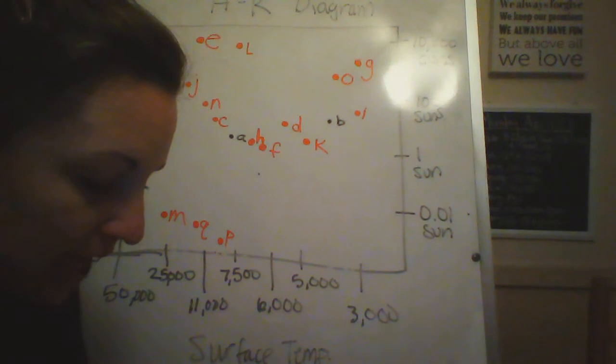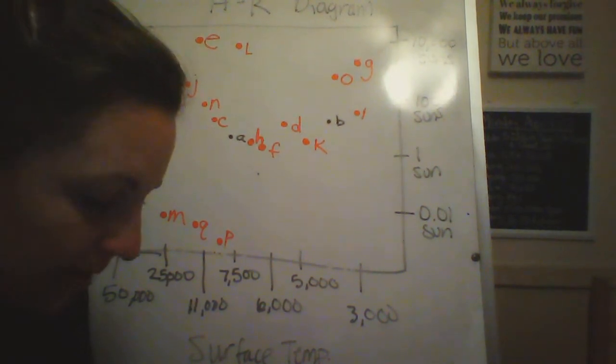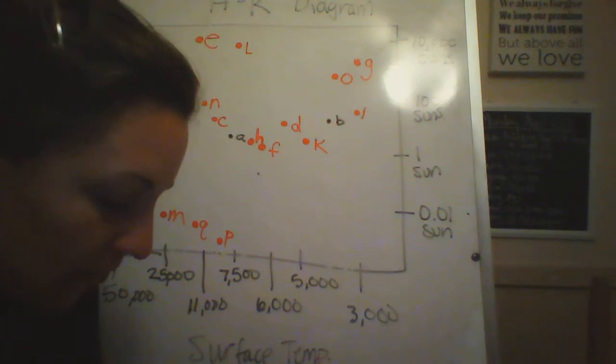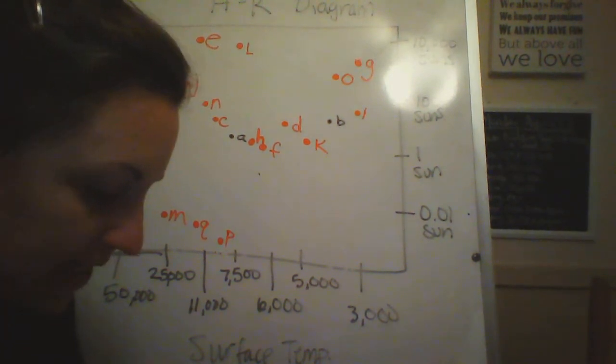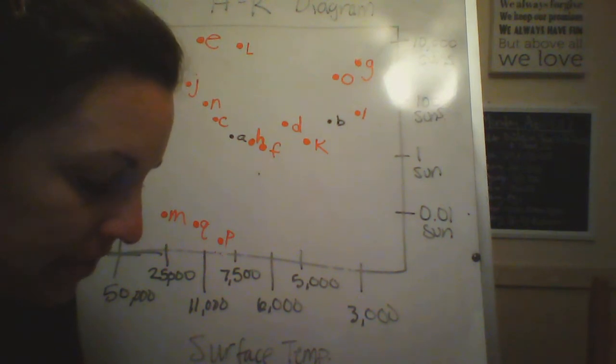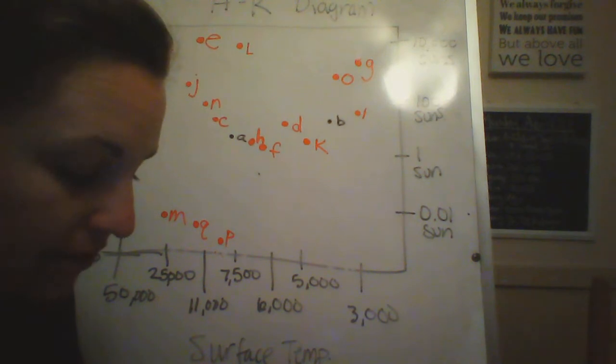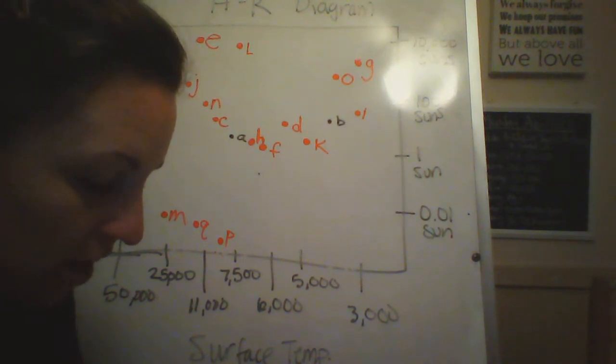Then, determine the type of each star by comparing its location on the HR diagram to the information below. Write the correct identification for each star, white dwarf, main sequence, giant, or supergiant, in the type of star column on the chart of the previous science notebook page.